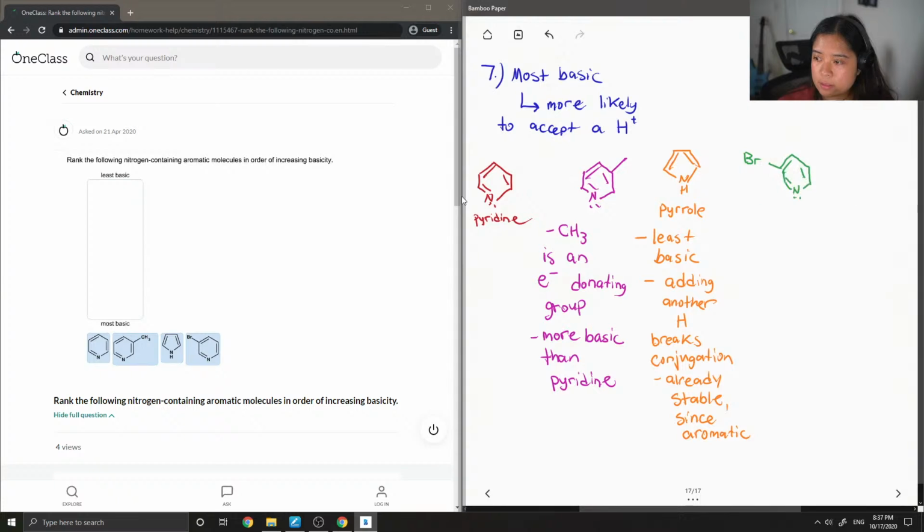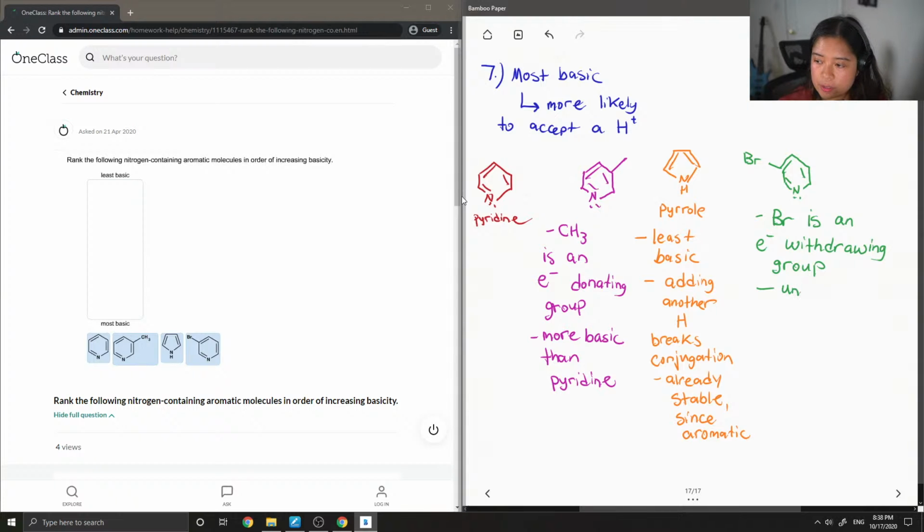And then on the other hand, let's look at the bromine. So bromine is an electron withdrawing group. It's kind of like the opposite of the CH3.